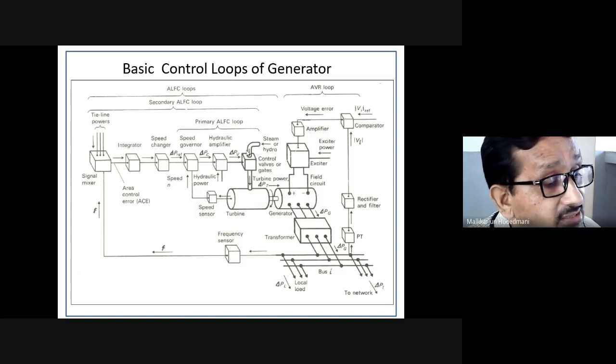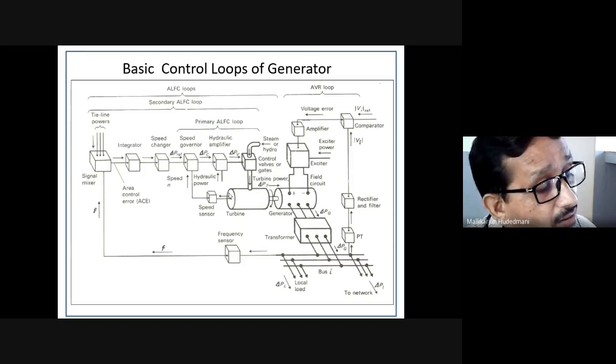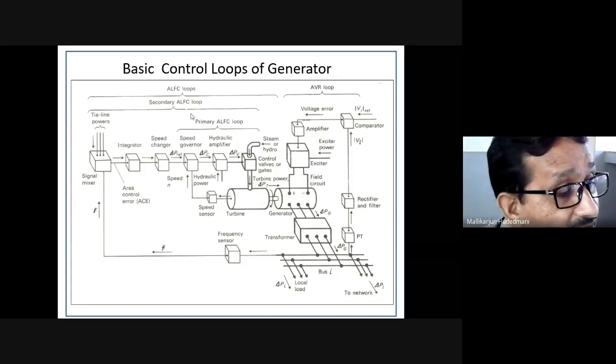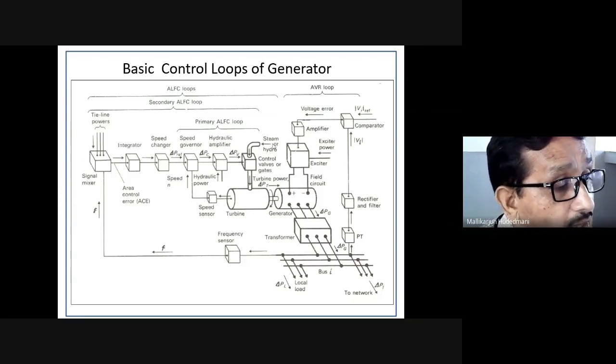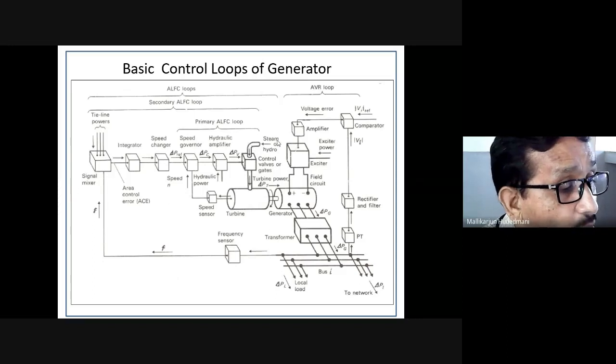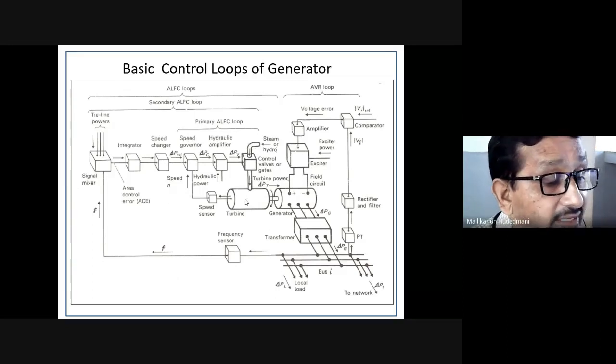You can see here this is a control block, a control valve. Valves need to be modulated appropriately: open, close, increase, decrease, or shut off. Whatever actions we initiate on controlling the valve, the input fuel, either water or steam, will rush down to the turbine area.